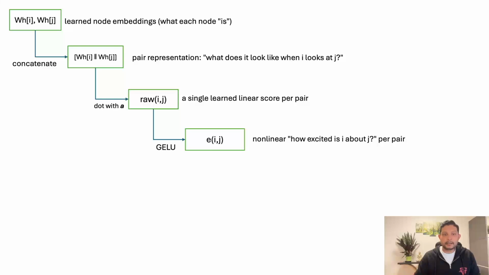In other words, it tells us how excited I is about J per pair. In the concatenation we saw how I looks at J, but at the end of GELU it gives us how excited I is about J, pairwise, whenever they are connected.